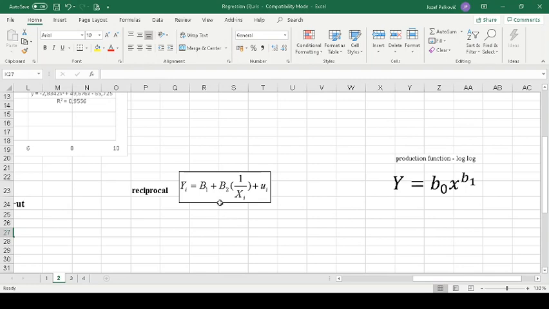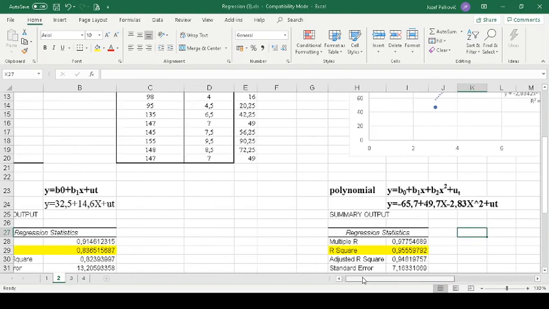Once again, it works the same way. If you would like to estimate nonlinear function, you should select everything which is in this function. So once again, the same dependent variable and independent variable. On the right side there is only 1 divided by x. So we should select independent variable 1 divided by x in Excel.